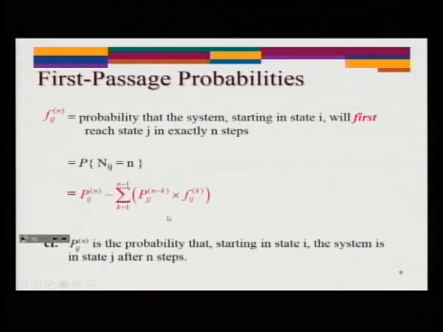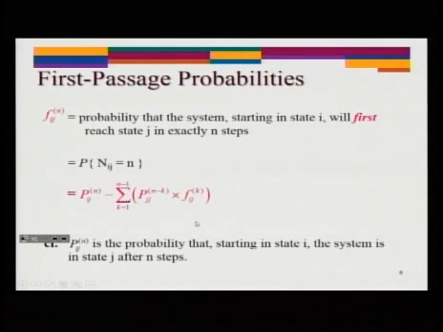Okay, so recall that P sub ij is an n-step transition probability. It states that the probability starting in state i, and then you end up in state j after n transitions, n steps, but perhaps not for the very first visit. Okay, so that's the main difference.